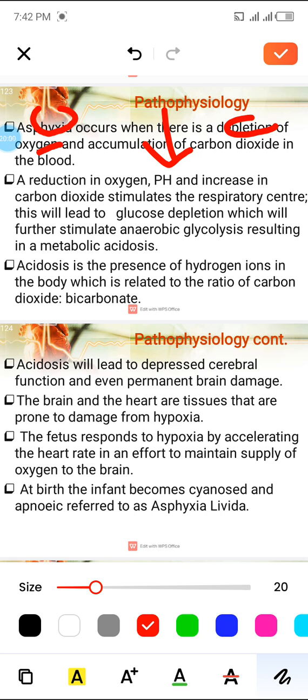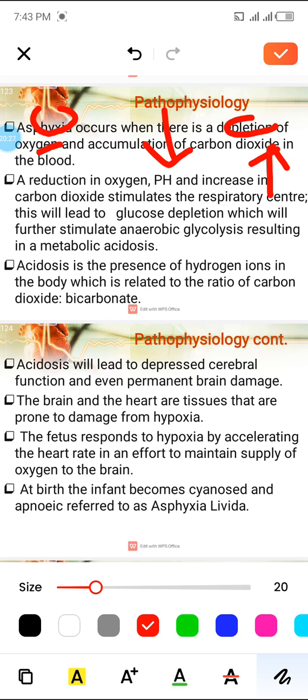So in asphyxia, what is depleted or reduced in the bloodstream of this baby's body will be oxygen. If oxygen goes down, what will go up? It will be carbon dioxide in the body. That's the exchange which is happening. In asphyxia, oxygen goes down, and what goes up is carbon dioxide in the blood of this baby.